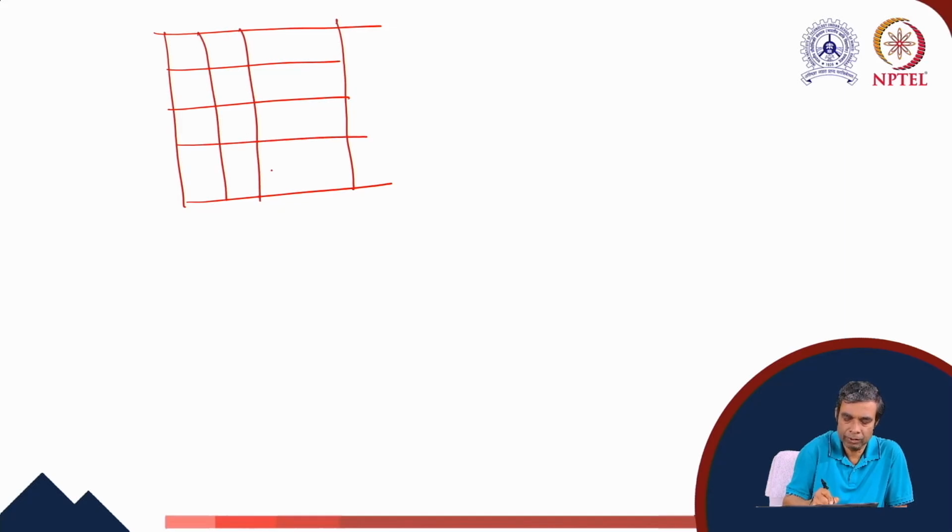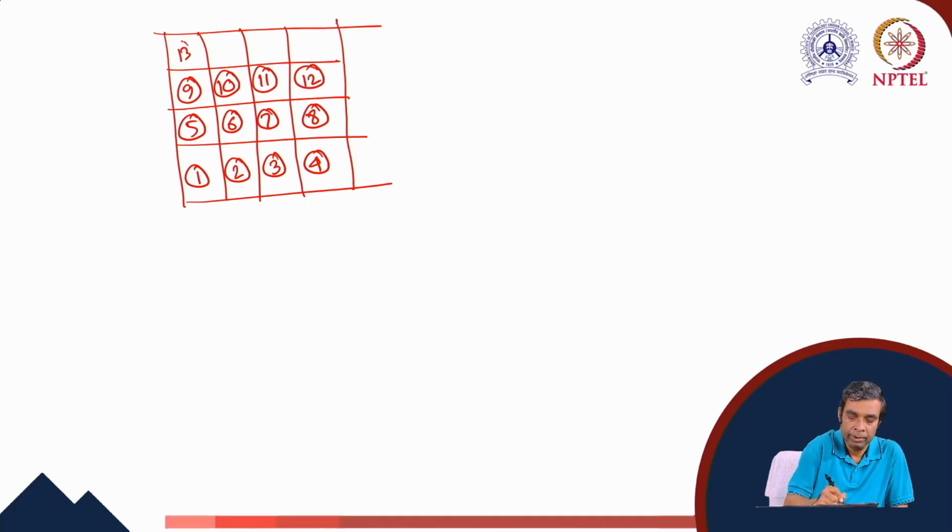This is the mesh which we already constructed, but to show in the chart, I redraw this. So this is 1, 2, 3, 4, 5, 6, 7, 8, 9, 10, 11, 12, 13, 14, 15, 16.